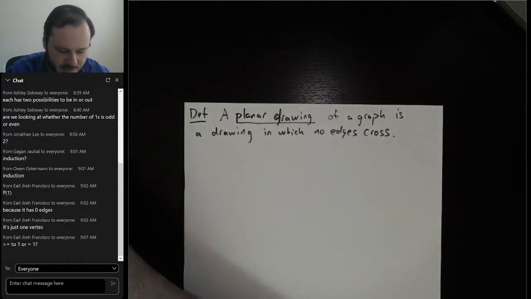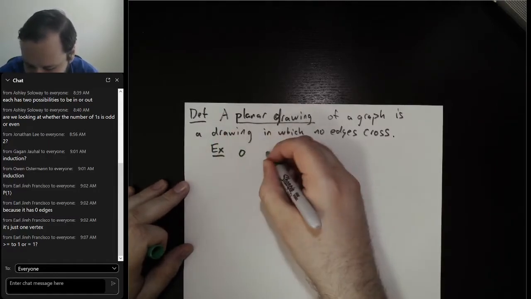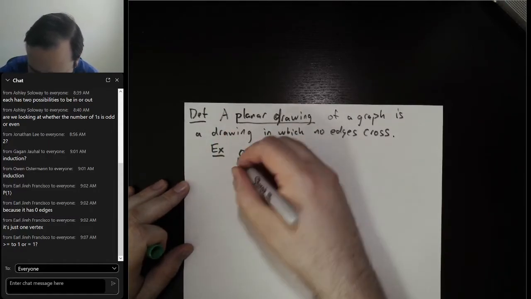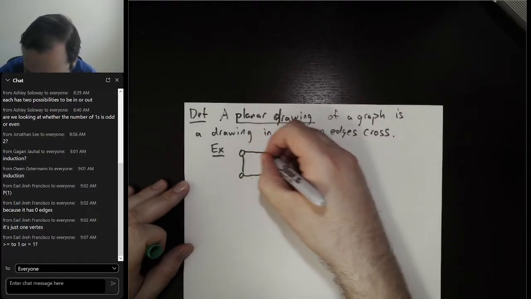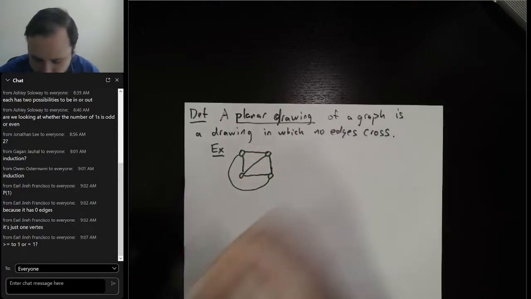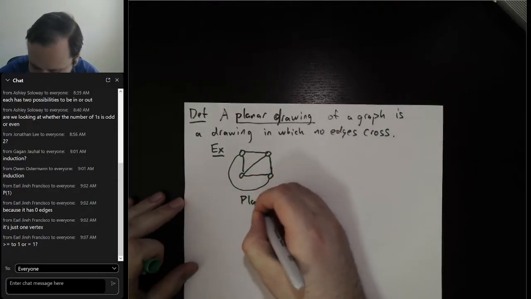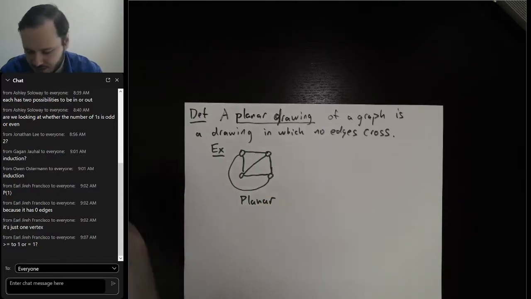So, for example, here is a planar drawing of this graph. This is planar. This is not a planar drawing.